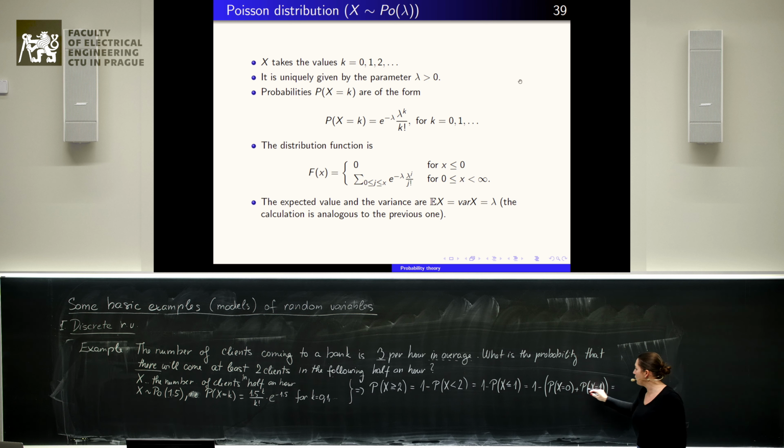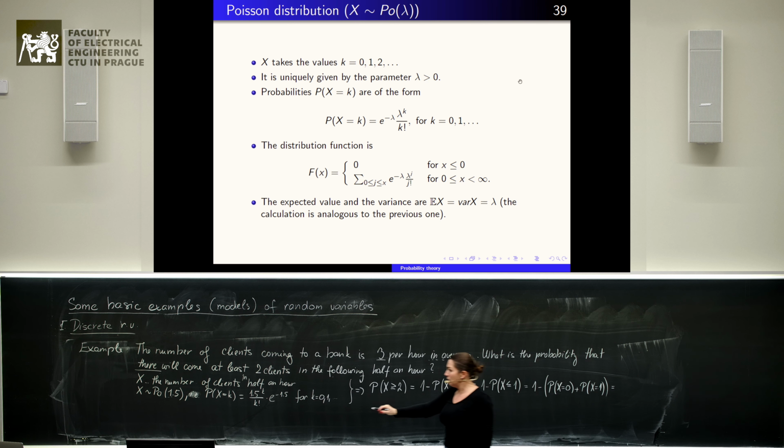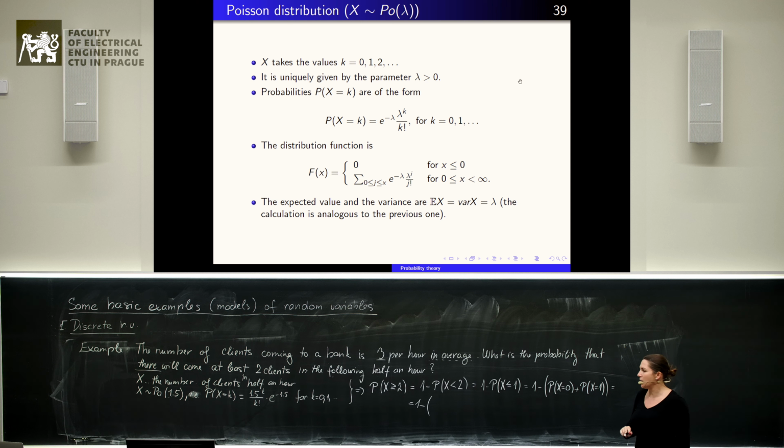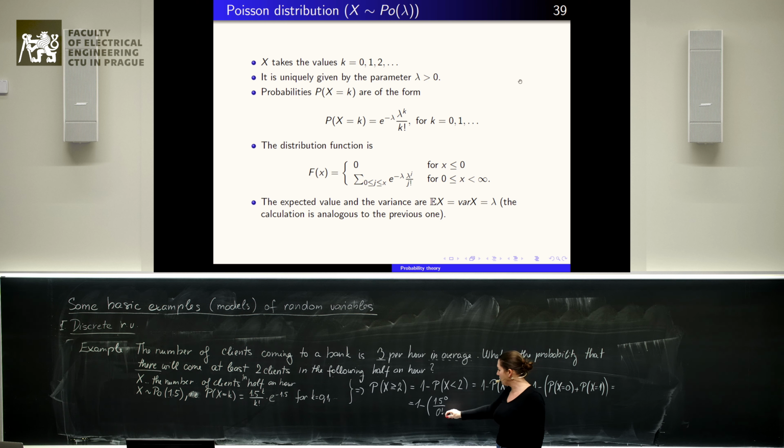And for these probabilities, we know the description. So it is 1 minus the probability that no client will come in the following half an hour, which is 1.5 powered by 0 over 0 factorial. 0 factorial is equal to 1, by the way, if you forget.